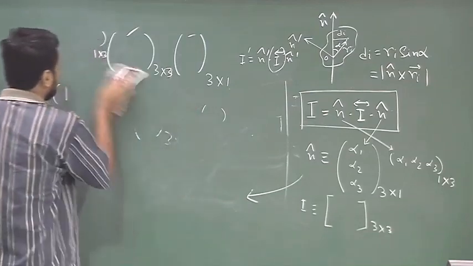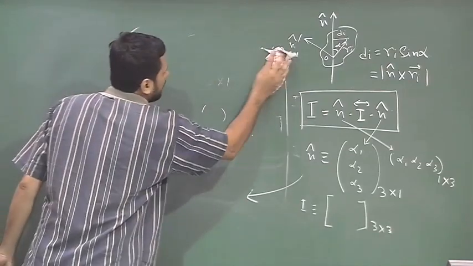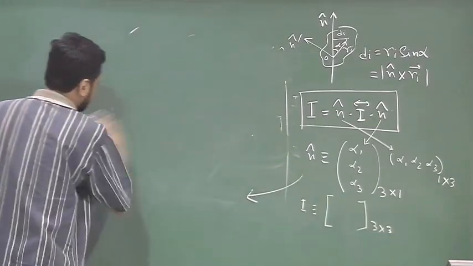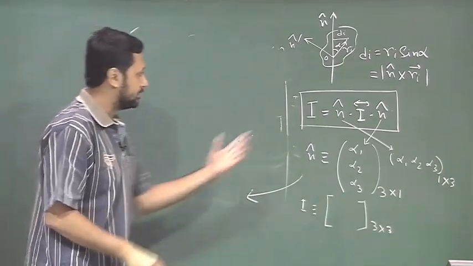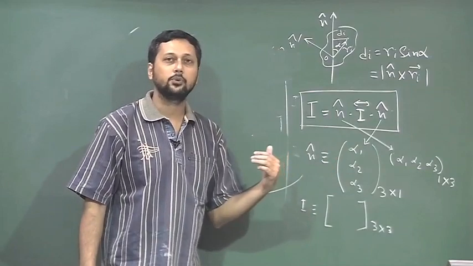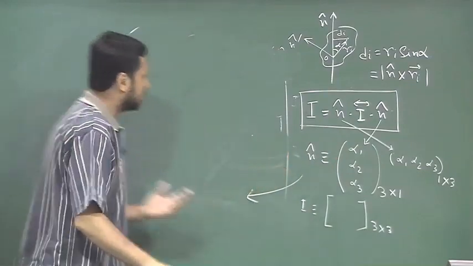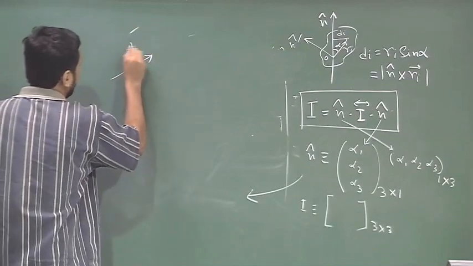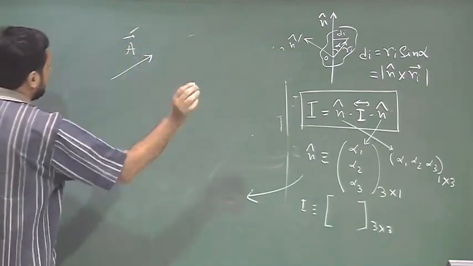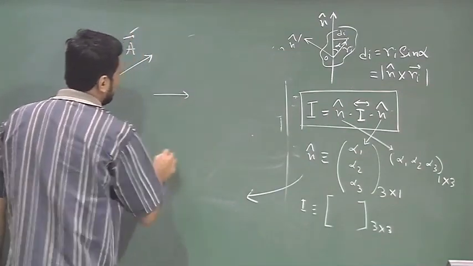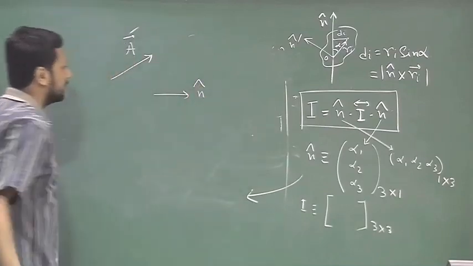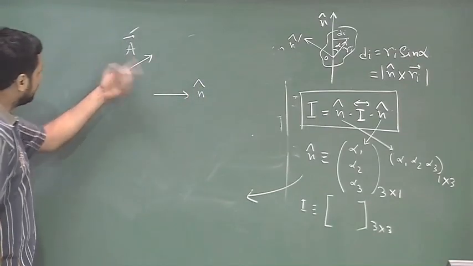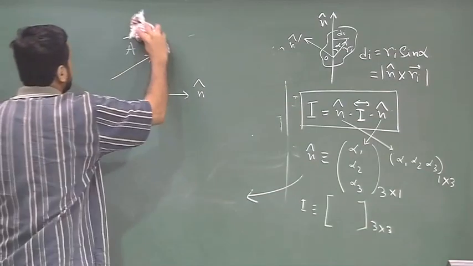Now, if you want to compare it, this is how we project a tensor. If you recall, how do we project a vector? Once again, we have a direction cosine. Let us say this is some vector A, and we have a direction cosine which points in this particular direction n. How do we project A in this particular direction?